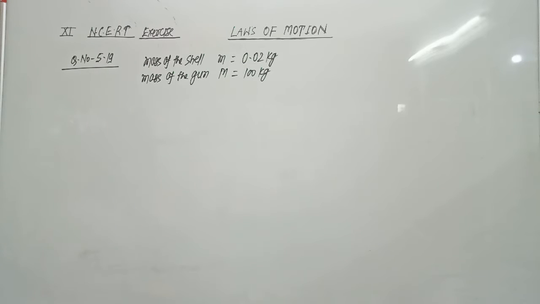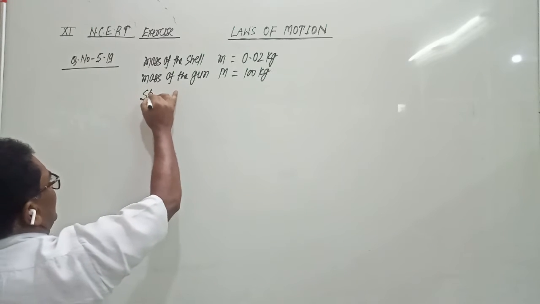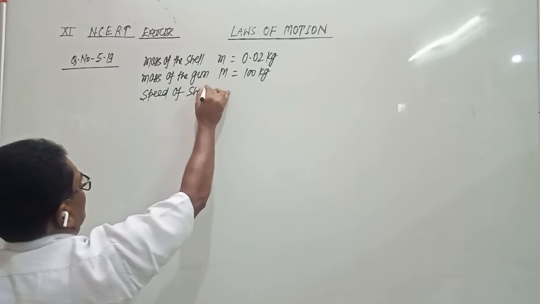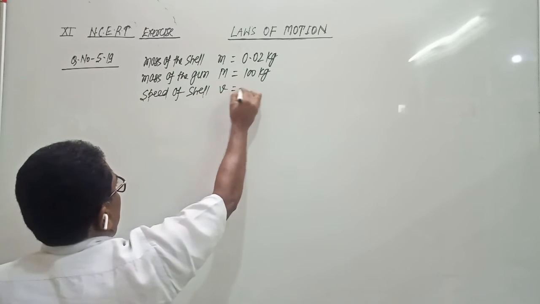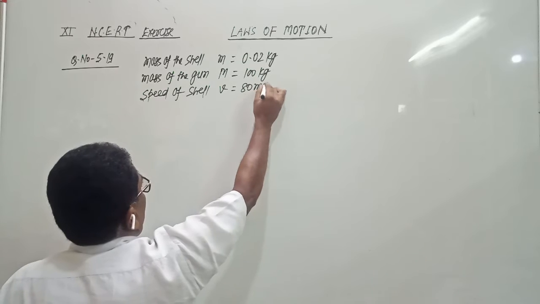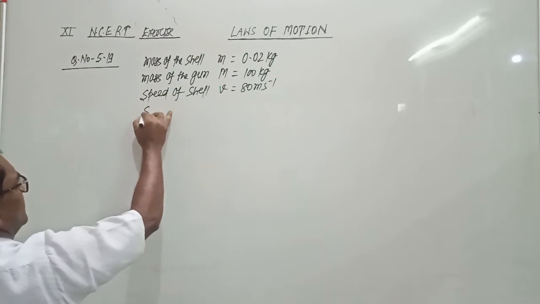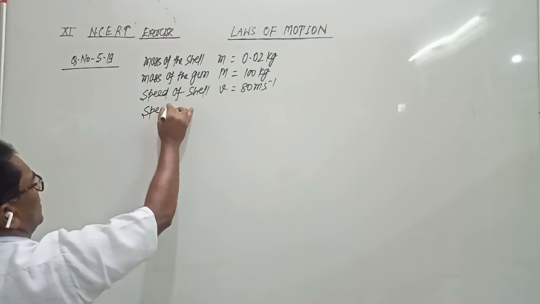If the speed of the shell is 80 meter per second, then what is the recoil speed of the gun? We have to find the speed of the gun.